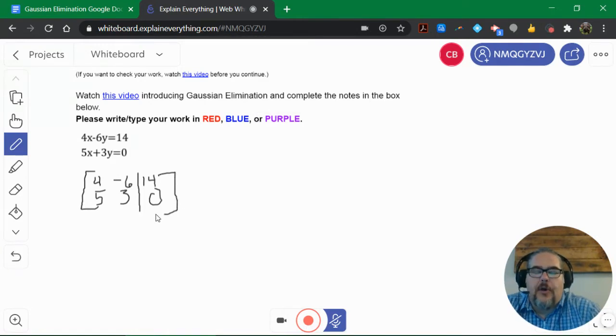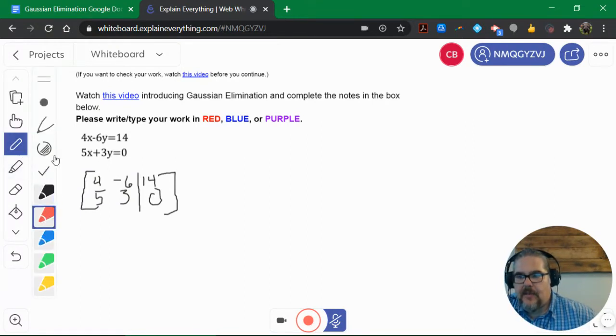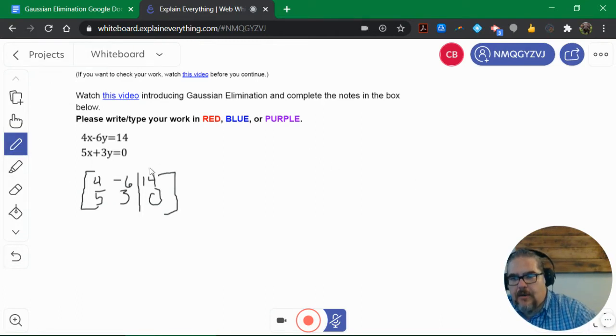Okay. So just to be clear, I'm going to use a different color to represent what we're calling each one. So the columns represent the coefficients for our x values, and these represent the coefficients for our y values. And we're going to call this row 1 and this row 2.